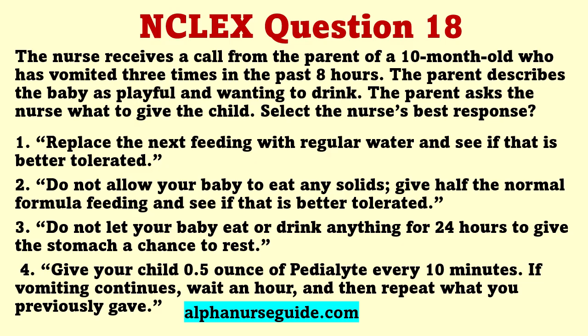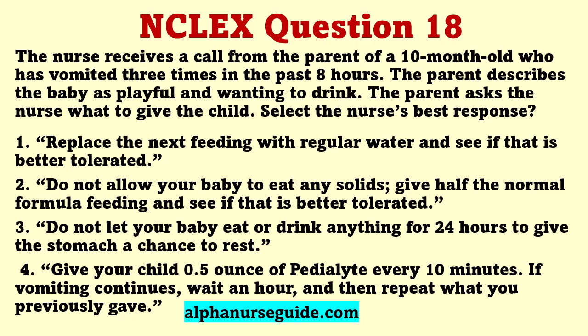Do not allow your baby to eat any solids. Give half the normal formula feeding and see if that is better tolerated. 3. Do not let your baby eat or drink anything for 24 hours to give the stomach a chance to rest. 4. Give your child 0.5 ounce of Pedialyte every 10 minutes. If vomiting continues, wait an hour and then repeat what you previously gave.